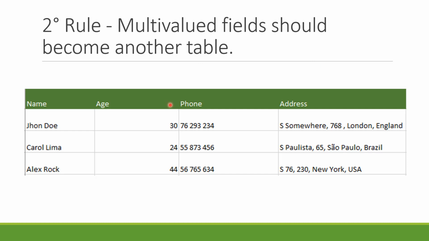As you can see in our table, we have the address field, which stores different information: the street, number, city, country. So you have a multivalued field here, and this is not recommended.